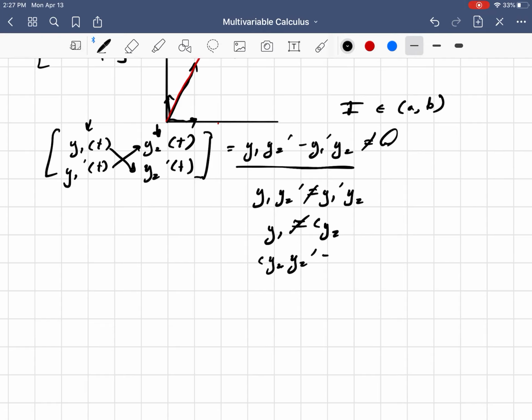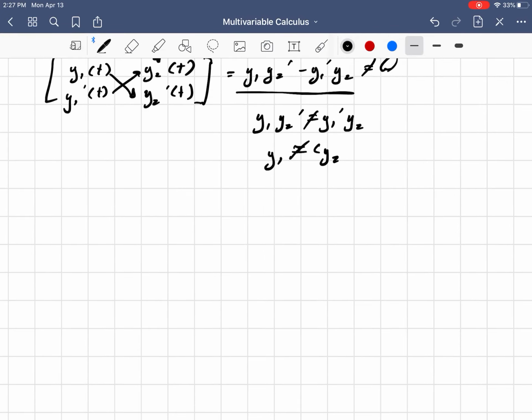If it were, say y sub 1 is equal to c y sub 2, then c y sub 2, y sub 2 prime is c y sub 2 prime y sub 2. And so those things are equal to each other, and so there's linear dependence. So this is how you can check for linear independence of solutions.